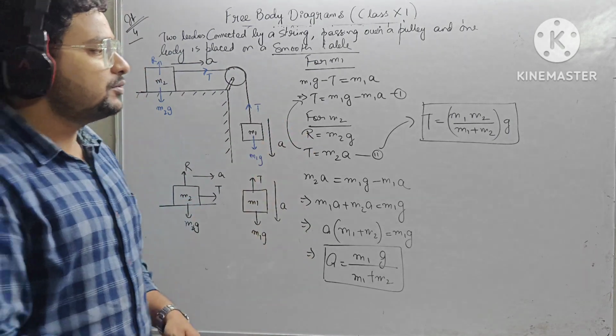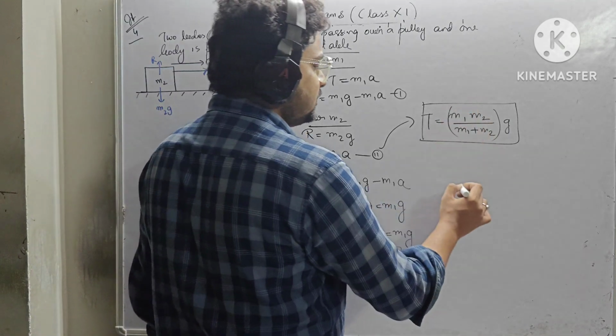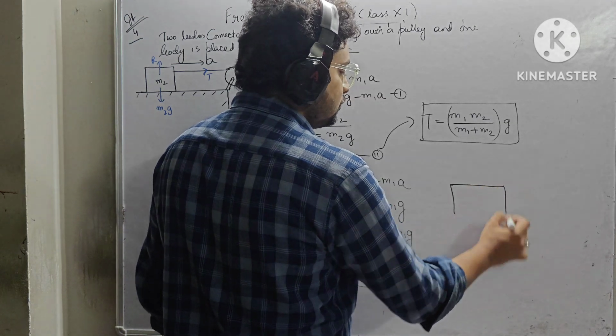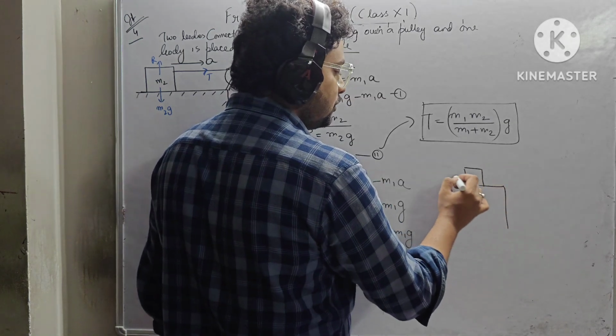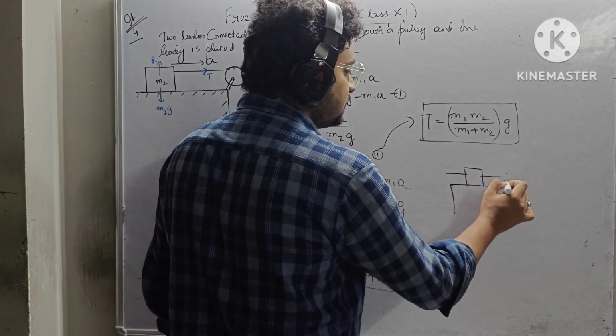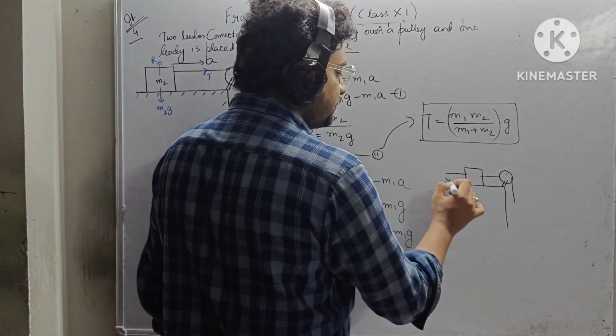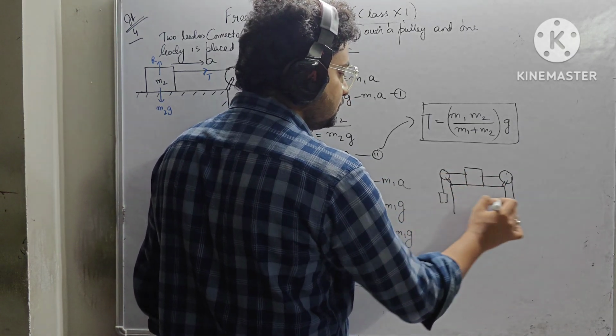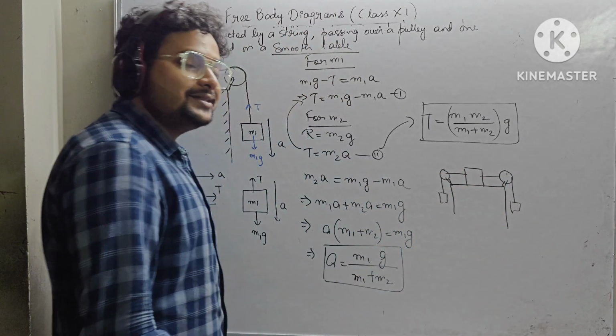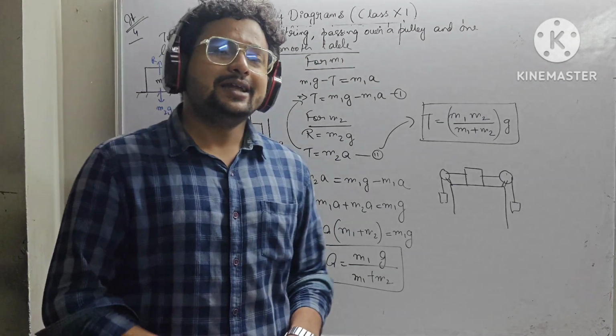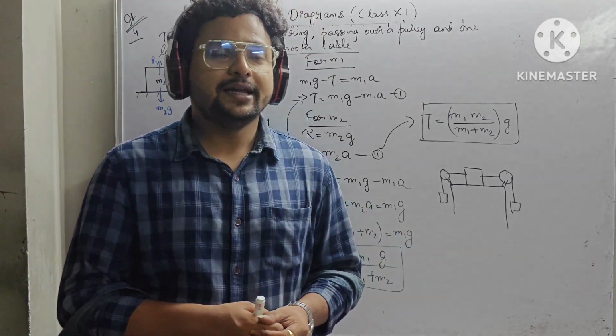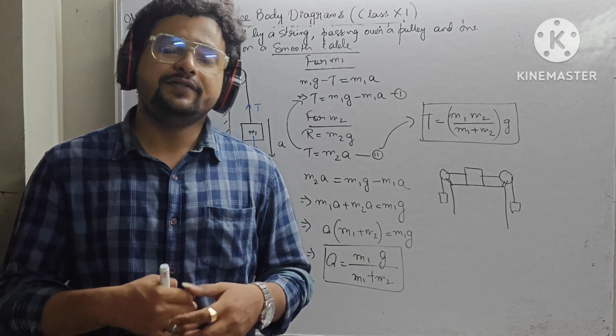Some other types of problems are also there, which I will make a separate video. Suppose one table is there, one block is over here and two pulleys are here, like this. Now see students, in free body diagrams there can be many cases. There can be different cases.